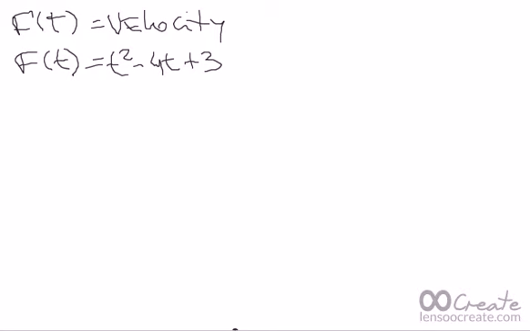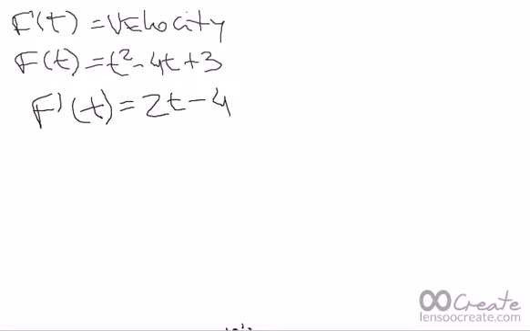With this in mind, I will use the different rules that we were taught on the videos to take the derivative of f of t. So that will be 2t minus 4.